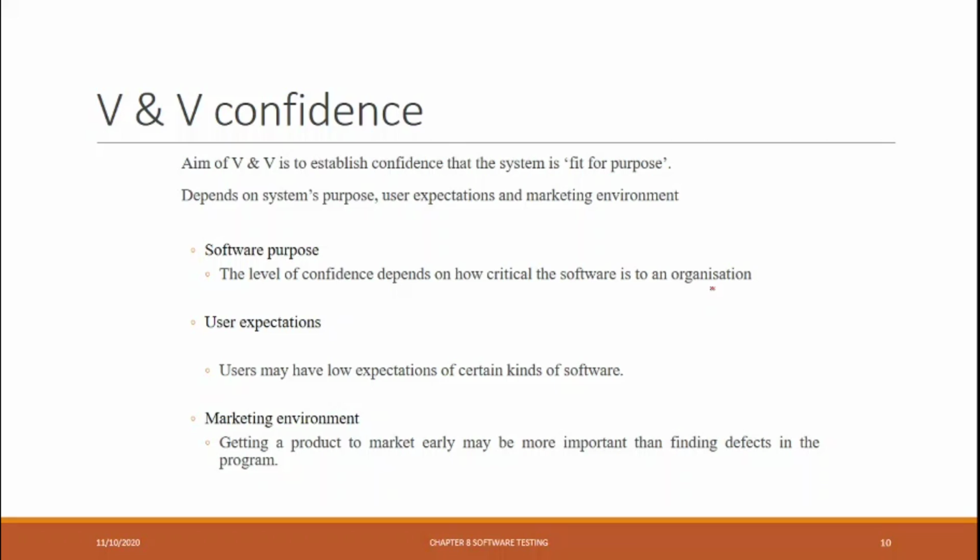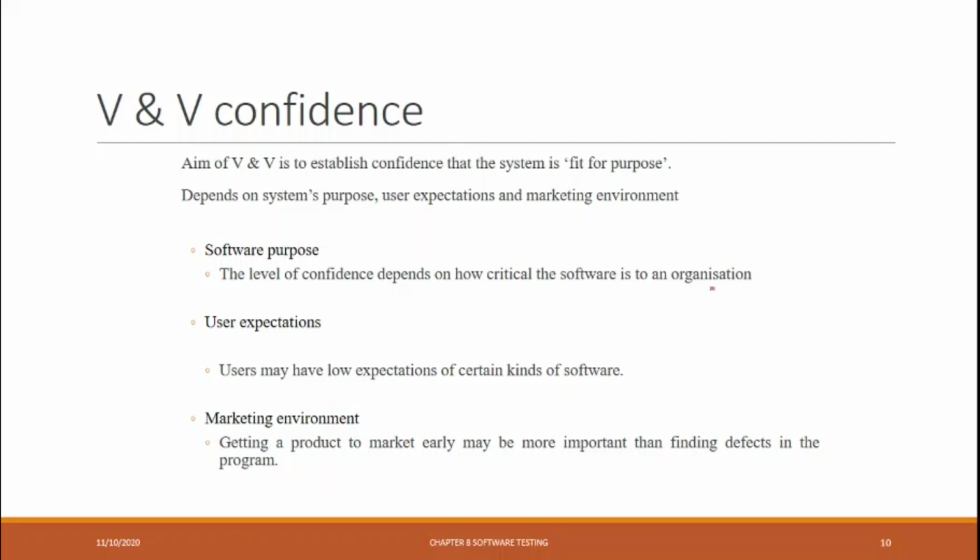The more critical the software, the more important it is that it is reliable. For example, the level of confidence required for software used to control a safety critical system is much higher than that required for a prototype. So that is the software purpose.